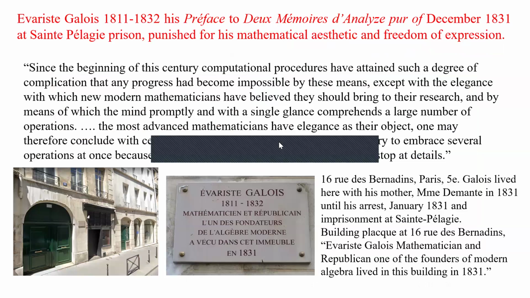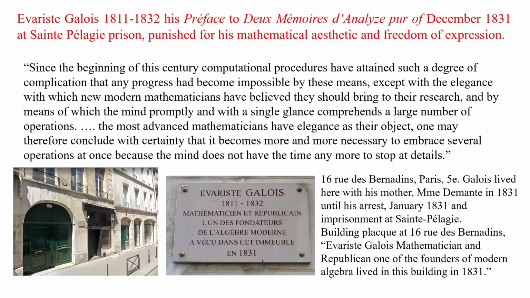So this is from Évariste Galois. His uncle was very high positioned in the army of Napoleon Bonaparte. His father was mayor of the town Bourg-la-Reine in a southern suburb of Paris, where Galois was born.